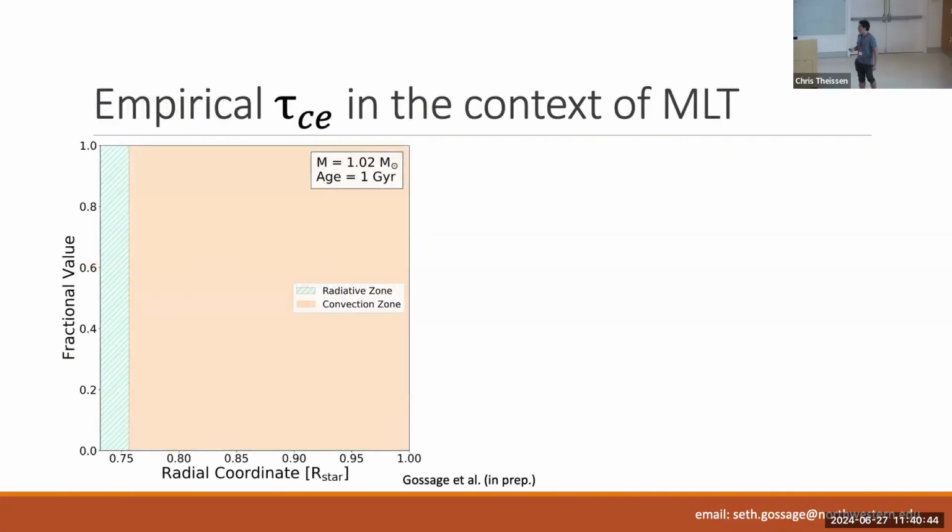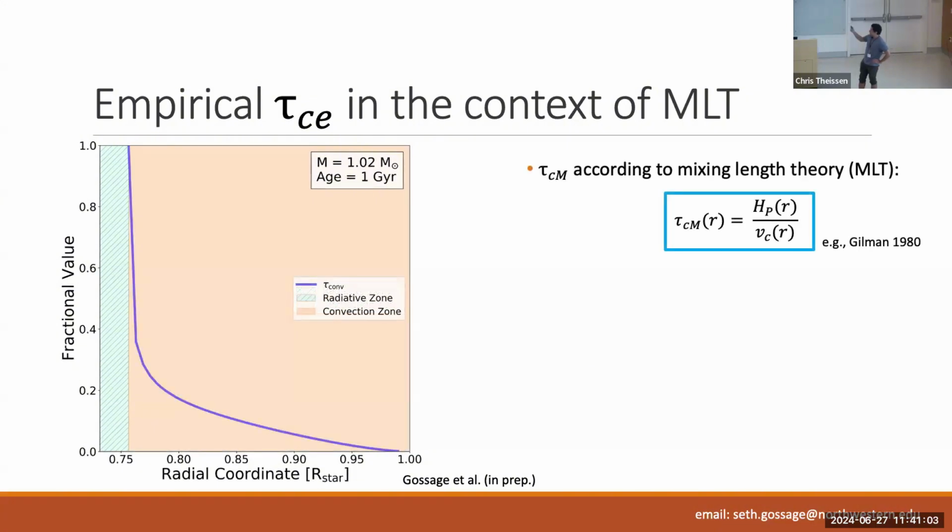So I'm showing you now a stellar profile of roughly a one solar mass star at an age of 1 gigayear. We're looking at radial coordinate on the x-axis, and this is roughly the outer 30% of the star. And we have the radiative zone, you can see a little bit of that, and then the outer convective envelope here. We can calculate the convective turnover time according to theory, and see the run of it within the convective envelope here.